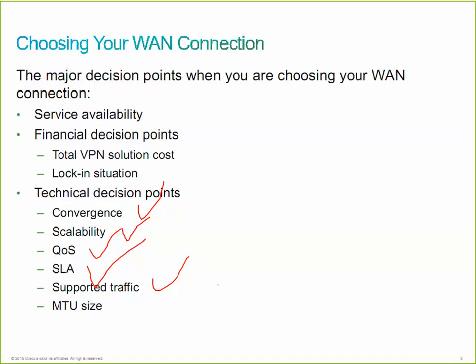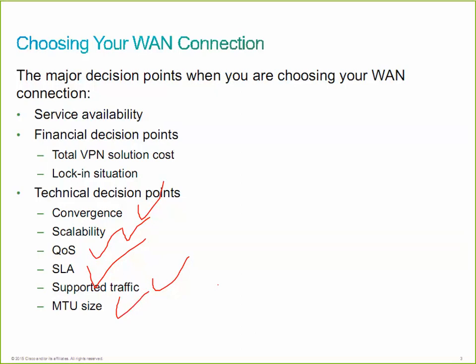Another consideration is our maximum transmission unit length. We want to try to avoid as much as possible any need for packet fragmentation because it takes time to fragment packets, it takes time to reassemble packets, it takes CPU cycles, it takes processing power.